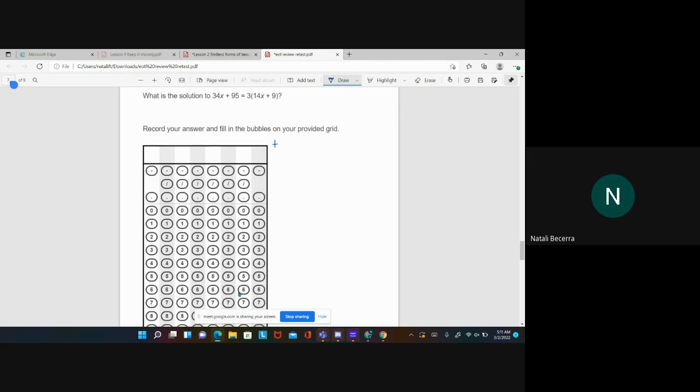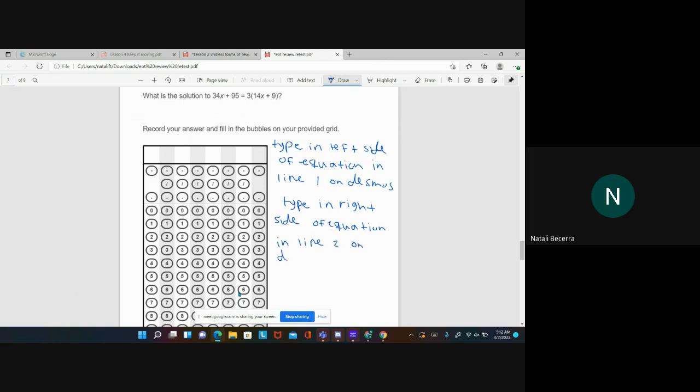So type in the left side of the equation in line 1 on decimals, and then type in the right side of the equation in line 2 on decimals.